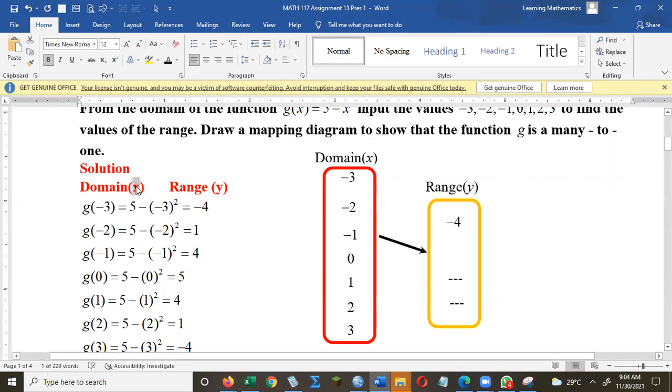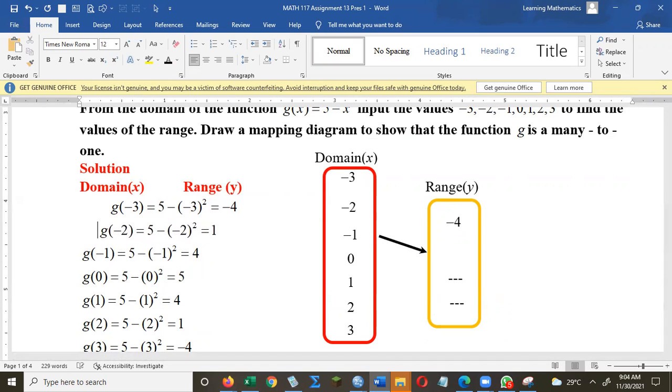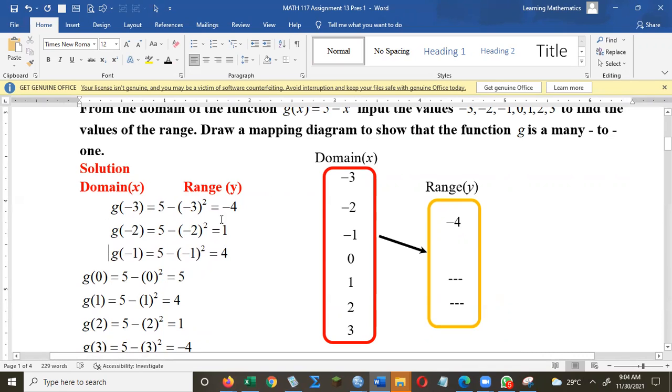So the domains are numbers like -3, and the range will be numbers like -5, -2. The domain values are the input, the output will be the range. -1 is an input. 0 is the domain, the output is 5, 5 is the range. 1 is the input domain, the output is 4, 4 is the range.